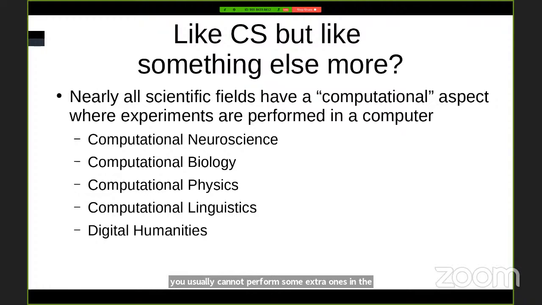If you want to study, for example, how plasma heats up when lasers shine into it, you could do that experimentally, but if you want to look at what's happening, you really have to build a program to do it.